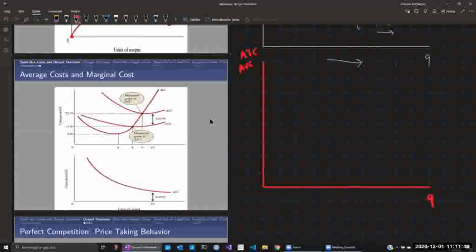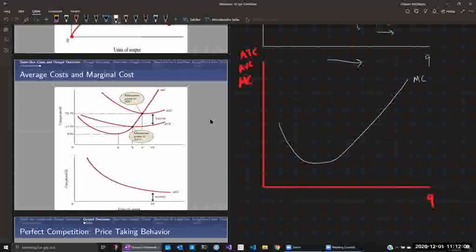And what I want to bring into the picture is the marginal cost now. When you derive these kinds of graphs, the simplest way is to start with marginal cost. And I know that it has this nice U shape, right?